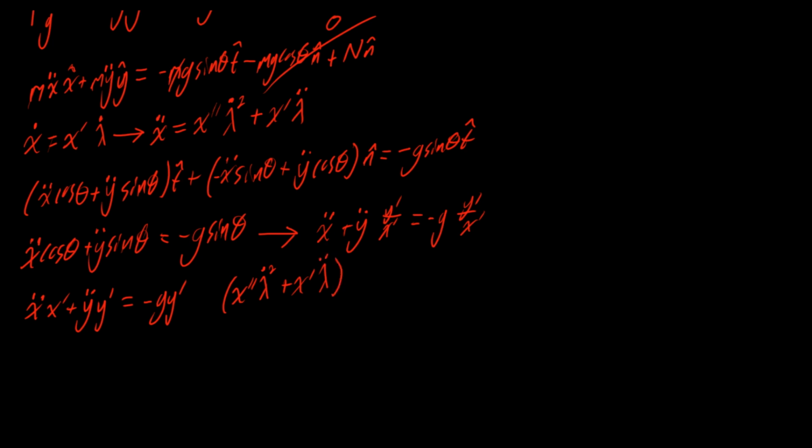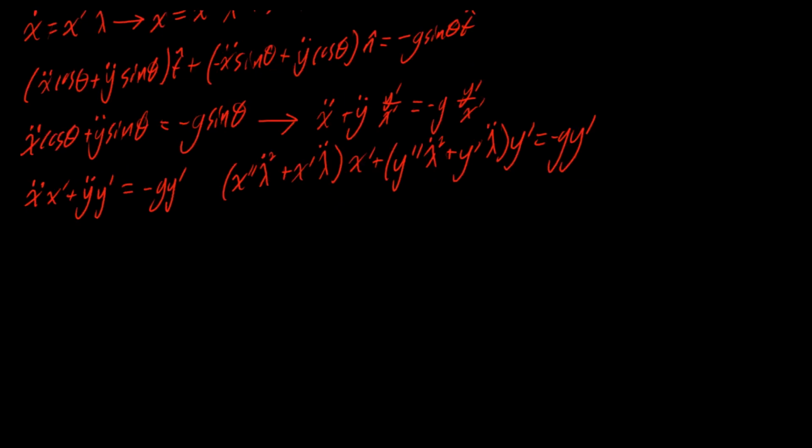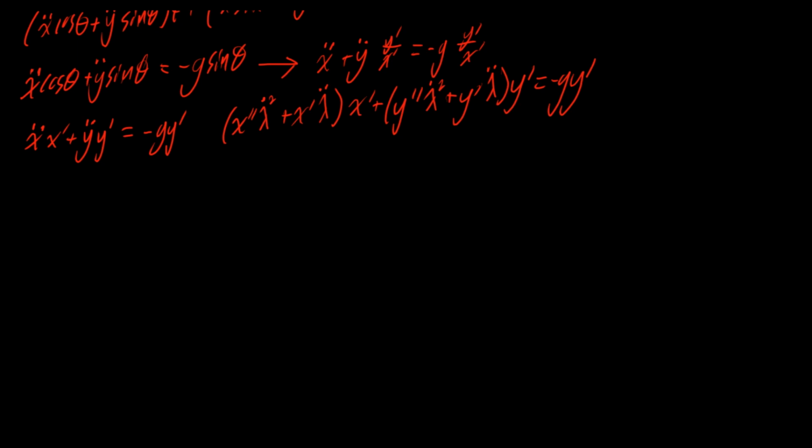Lambda. And then we know it's the same thing. It's virtually the same thing for y, is just with a y instead. Y prime. Lambda double dot y prime equals negative g y prime. So then what we're going to do is group the lambdas, the lambda squared and the lambda double dots together.